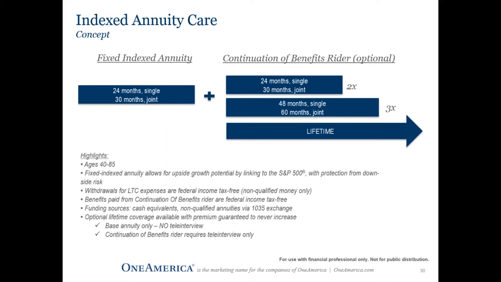So remember, on annuity care number 2, it was a package deal. We were siphoning earnings out of the base annuity to fund the rider. That is not how index annuity care works. Index annuity care requires the client to fund their rider, either double or triple or lifetime, with an additional out-of-pocket premium.